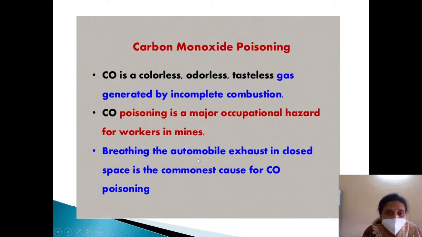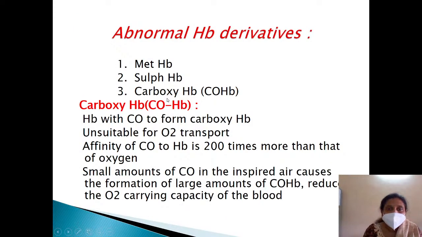Now I'll explain why carbon monoxide is poisonous. This is the gas released by incomplete combustion. That carbon monoxide combines with hemoglobin to form carboxyhemoglobin. Now this carboxyhemoglobin is unsuitable for oxygen transport. It cannot transport oxygen, and the most important property is that the affinity of carbon monoxide for Hb is 200 times more than that of oxygen.